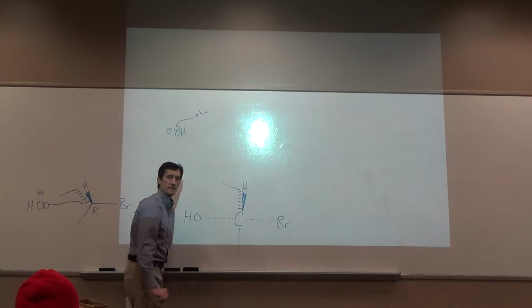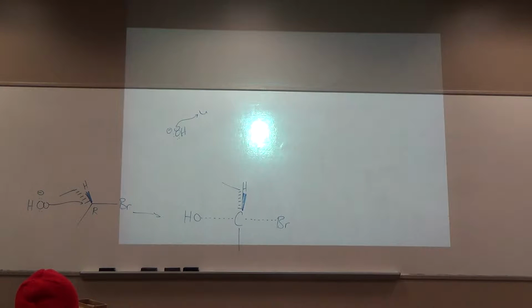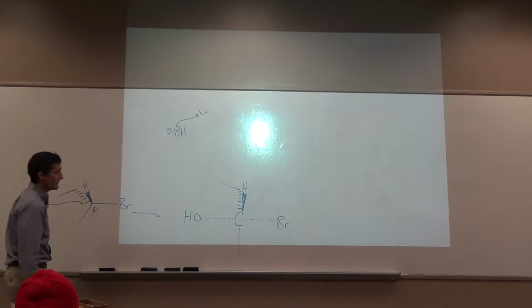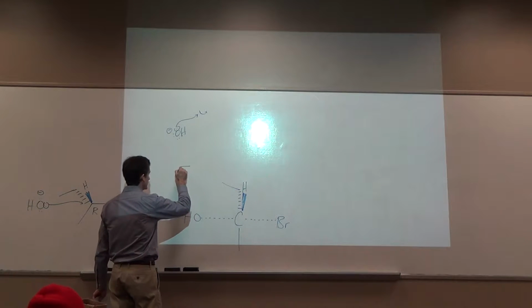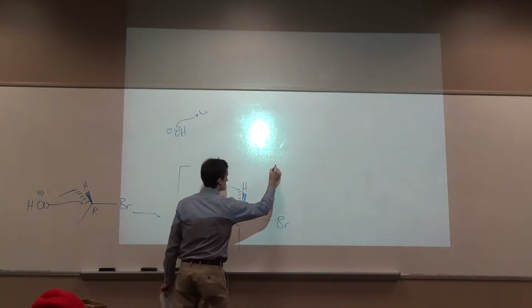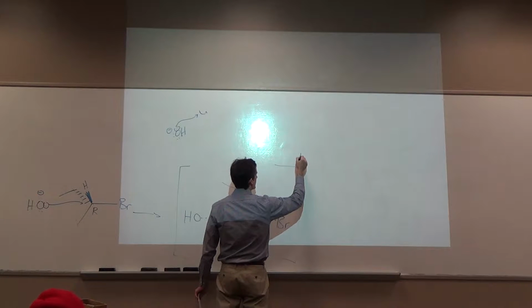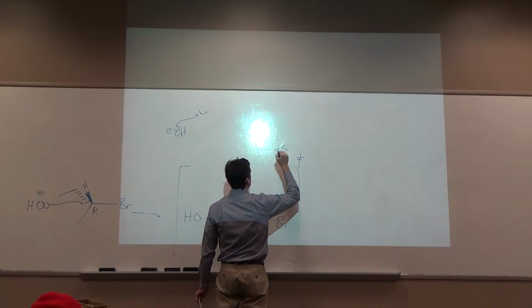These two bonds are supposed to be eclipsed in this view. This is the transition state. Sometimes you put something like this, but this is the transition state.